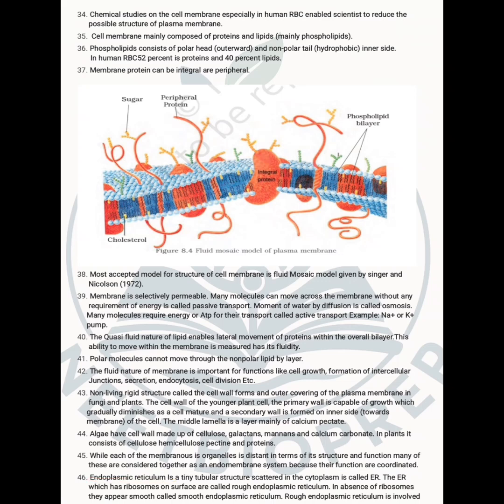The endoplasmic reticulum is a tiny tubular structure scattered in the cytoplasm, known as ER. The ER which has ribosomes on the surface is called rough endoplasmic reticulum. In the absence of ribosomes on the surface, it appears smooth, hence it is called smooth endoplasmic reticulum.